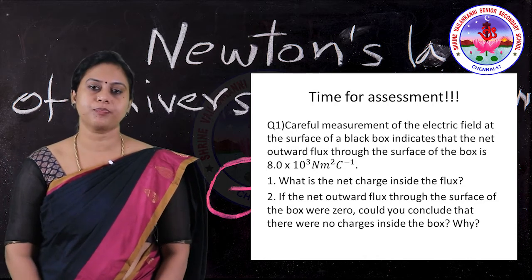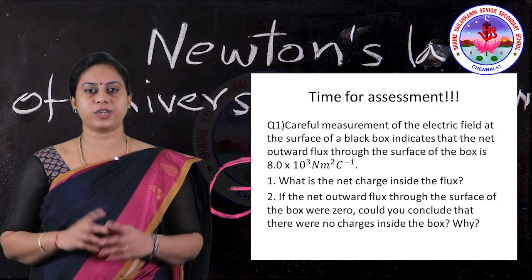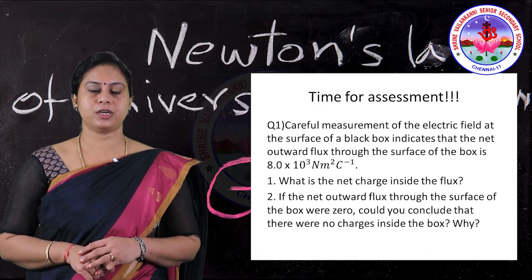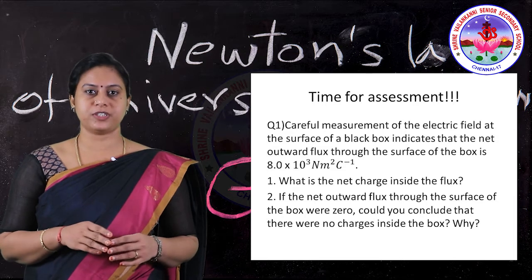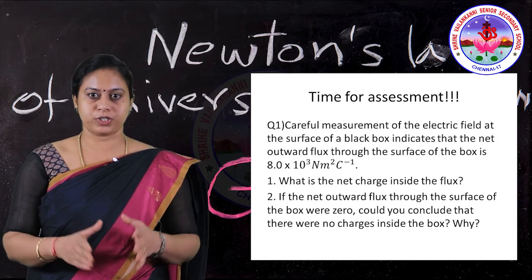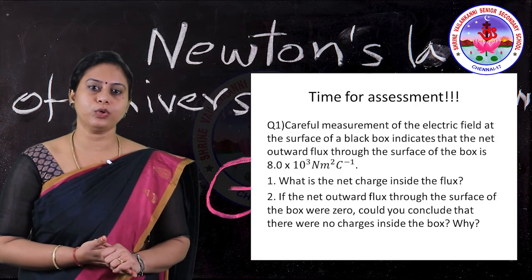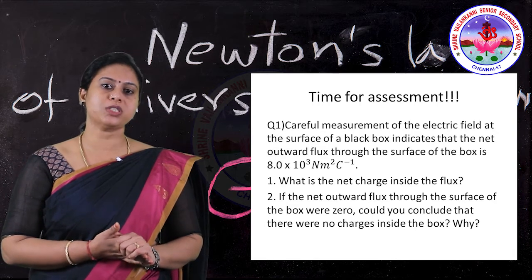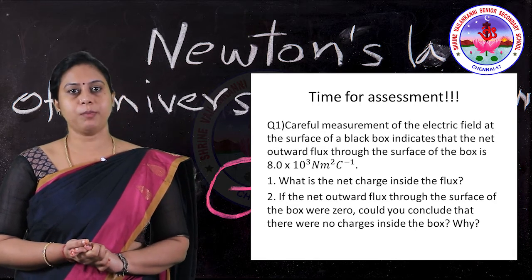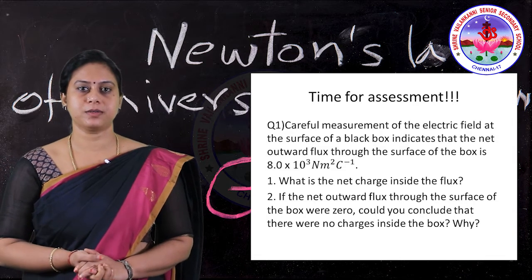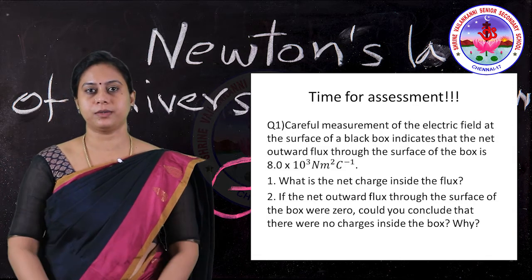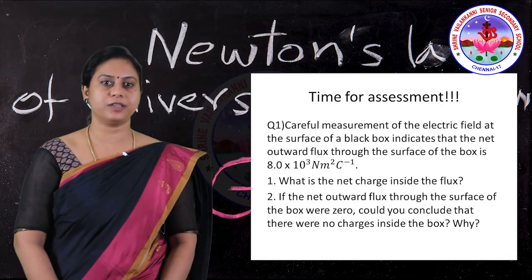What is the net charge inside the box? And if the net outward flux through the surface were 0, could you conclude that there was no charge inside the box, and why? Just pause, think of the answer, and now you can play it.